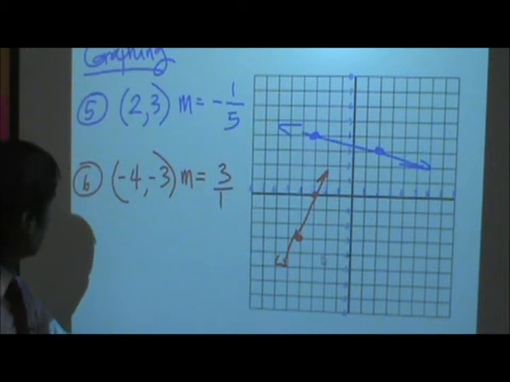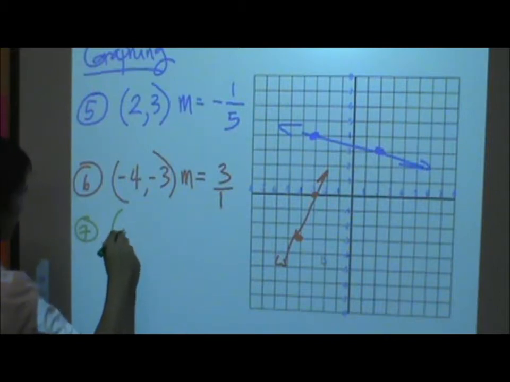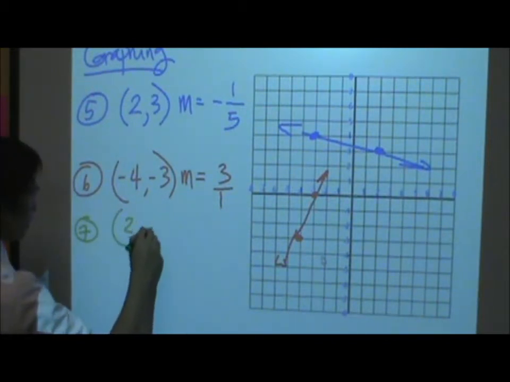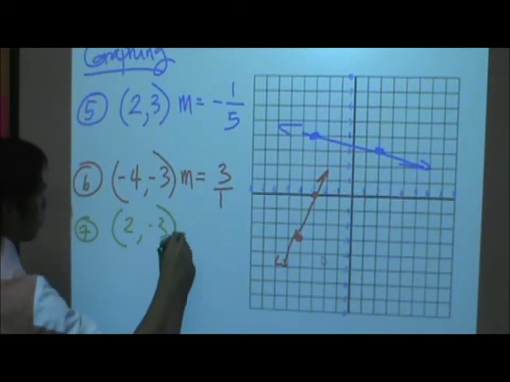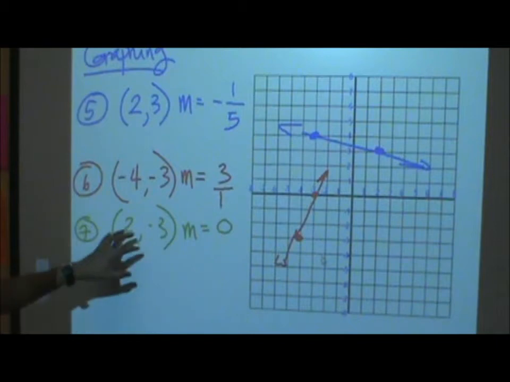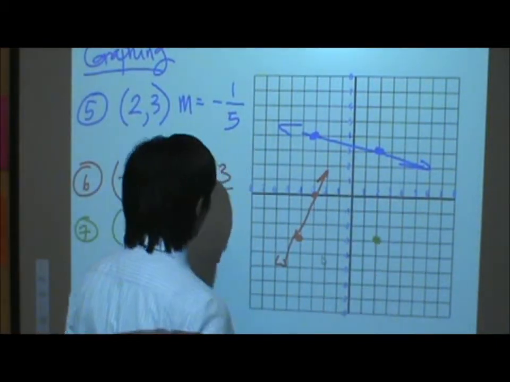Okay, now I'm interested in number 7, graphing a line that passes, let's say, 2, negative 3 with a slope of 0. Now first again, plot the point, which is 2, negative 3. Here you go, 2, negative 3.